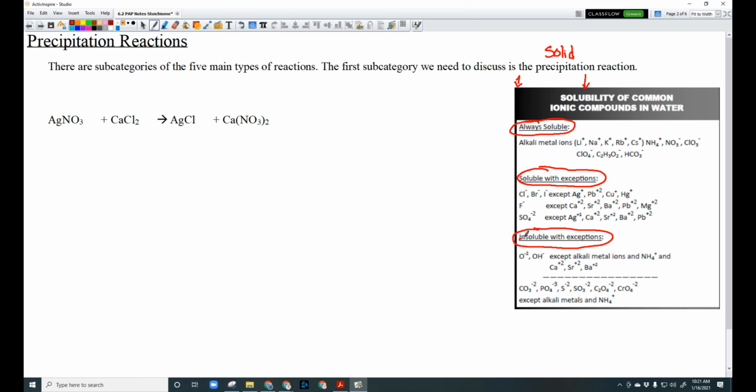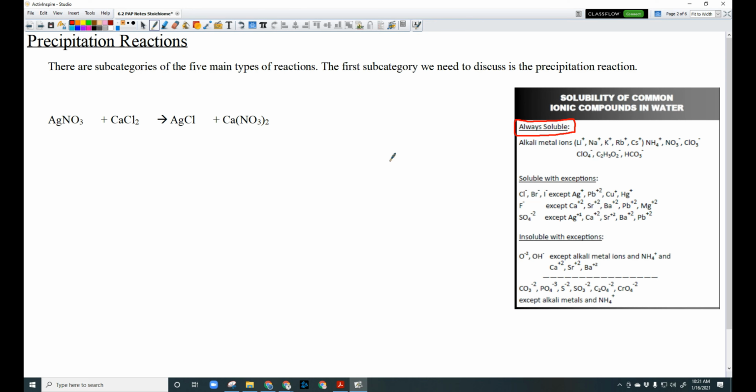Insoluble means it does not dissolve in water. So what we're looking for here is, do these ions dissolve in water? My first tip is to get really familiar with the ions that are always soluble, because when you see them in a compound, no matter what, that compound is going to be soluble.